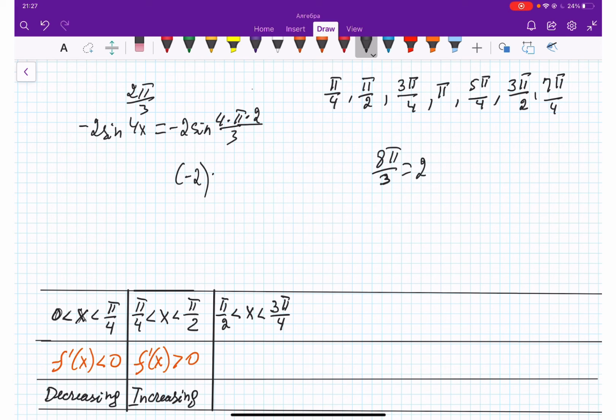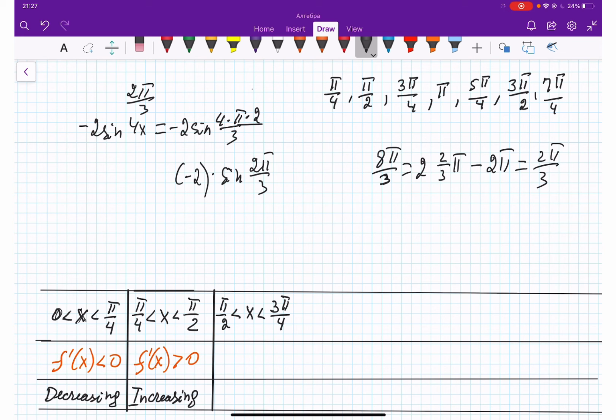That is 2 and 2/3 of pi, right? So if I take off 2 pi, go down by 2 pi, 360, I'm getting 2 pi over 3, right? So in this case I will have sine 2 pi over 3, it's 120 degrees.